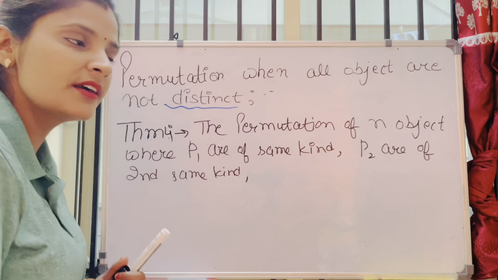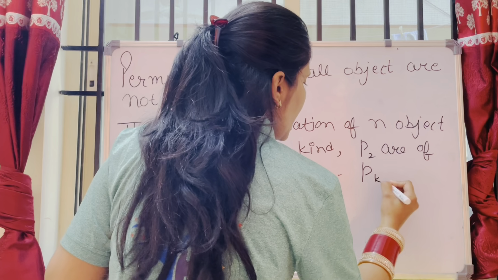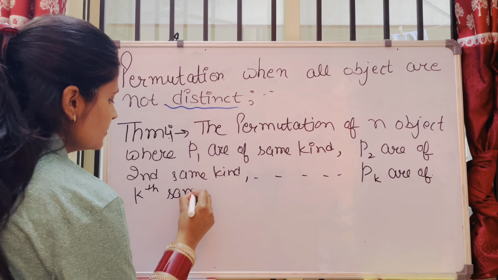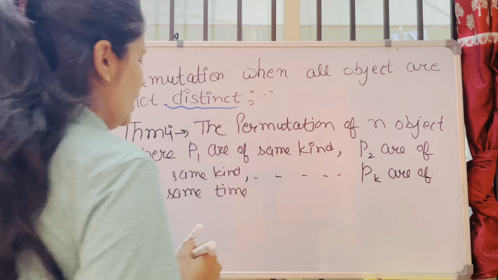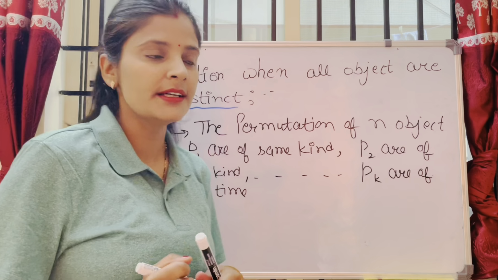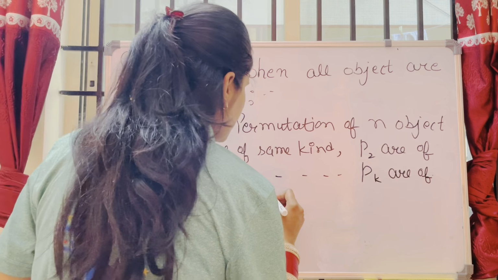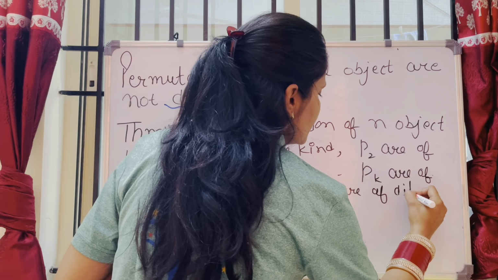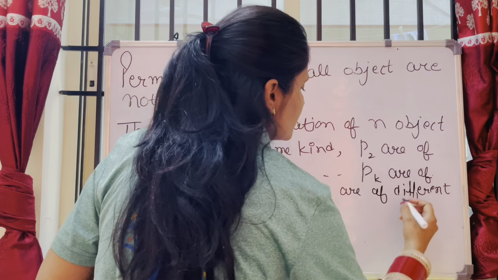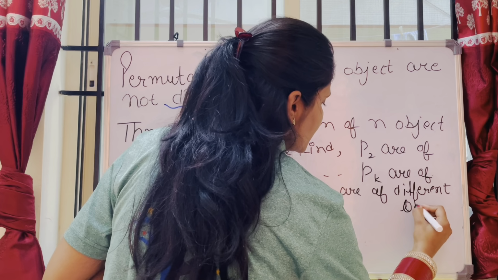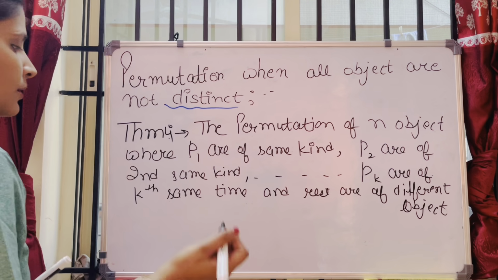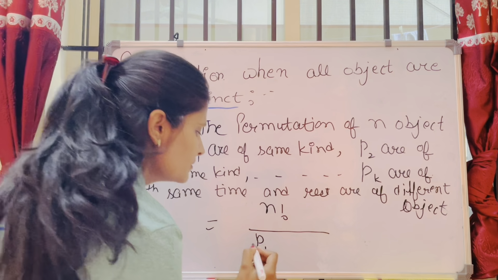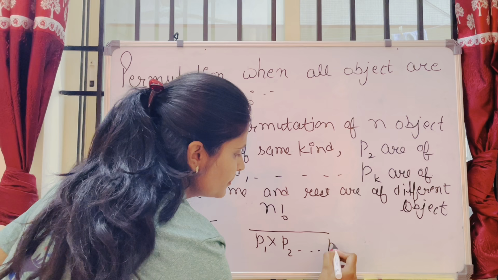Similarly, P3 are of a third same kind, so on, Pk are of the kth same kind, and the rest are of different elements, different objects, then that is equal to n factorial upon P1 factorial into P2 factorial, so on Pk factorial.